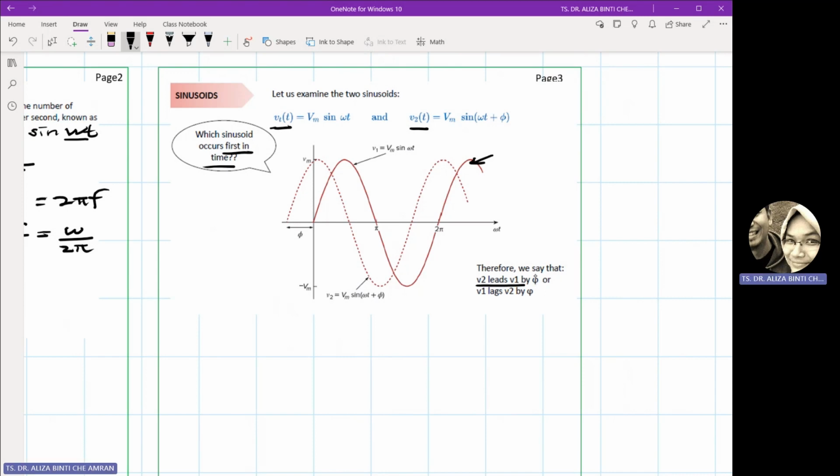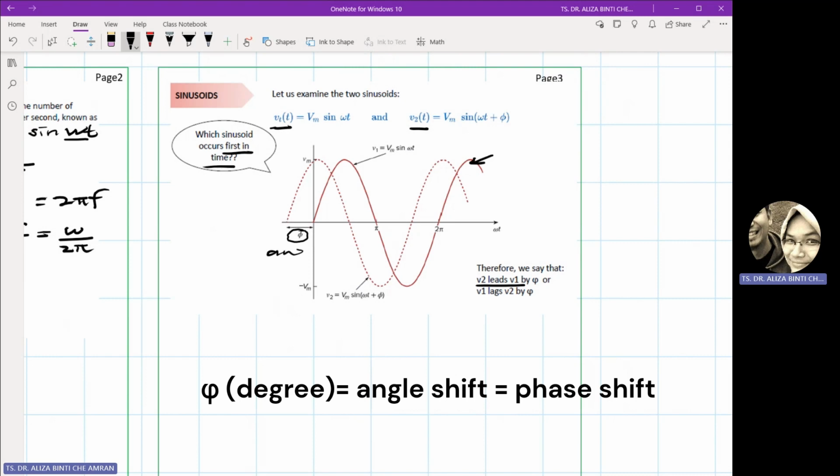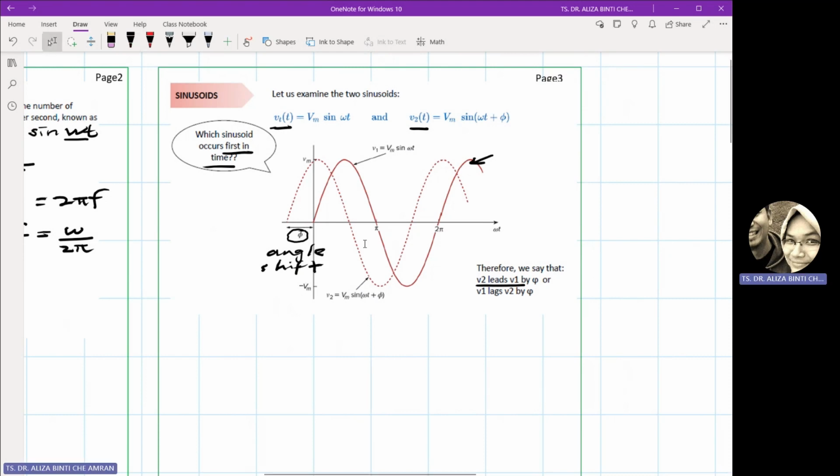This phi here is the difference in angle between the two, the angle shift, we call this. Or you can also say that V1 lags V2, because in time V2 occurs first.